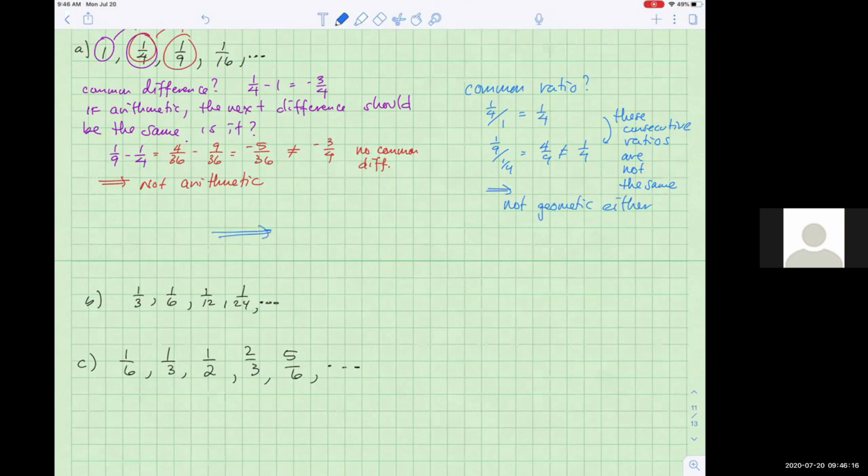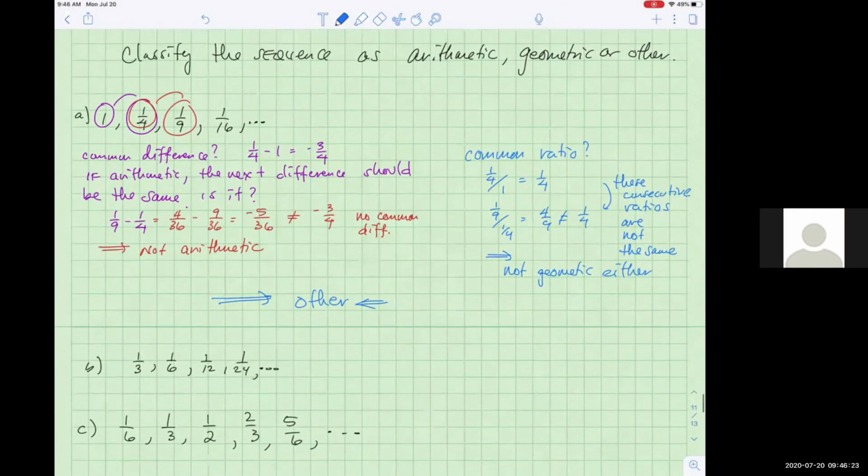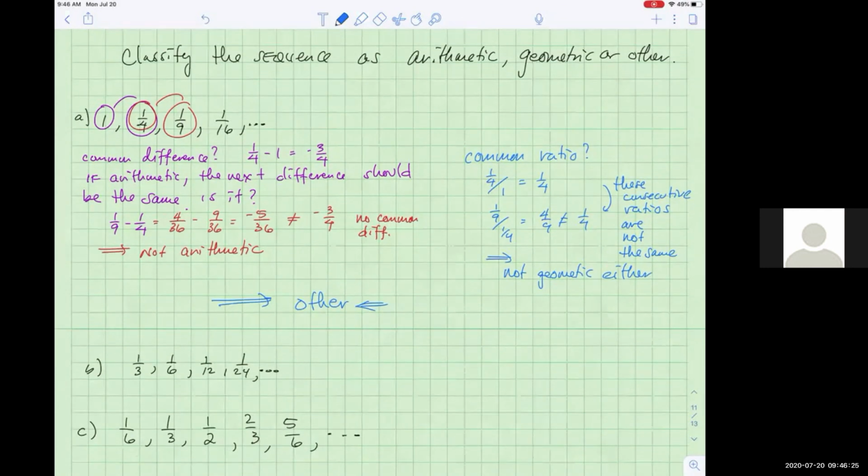So our conclusion here is this is some kind of other sequence. Now, that's not to say that you can't find the next term, right? Maybe you can tell me that the next term here is 1 over 25, then 1 over 36, then 1 over 49, and you notice this as being 1 over n squared.